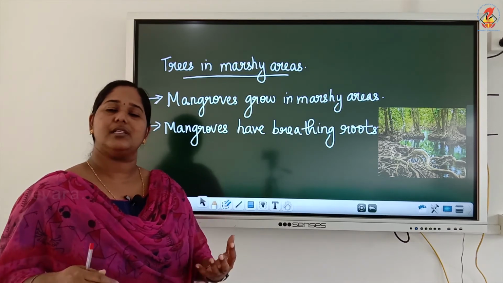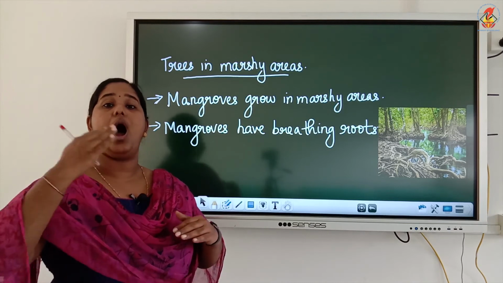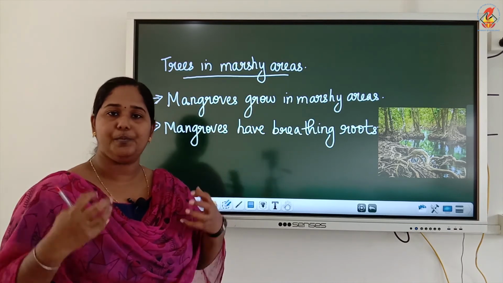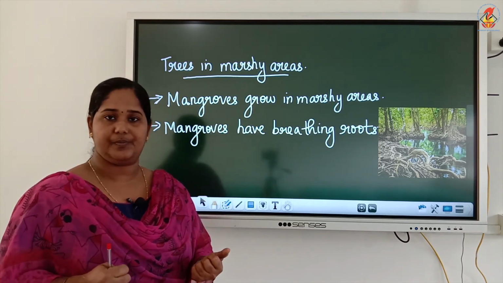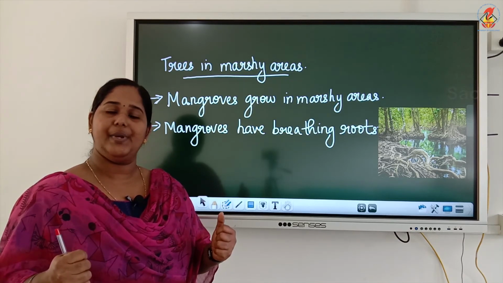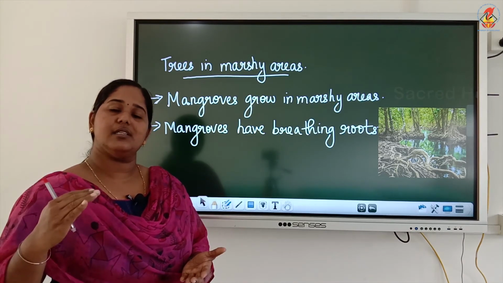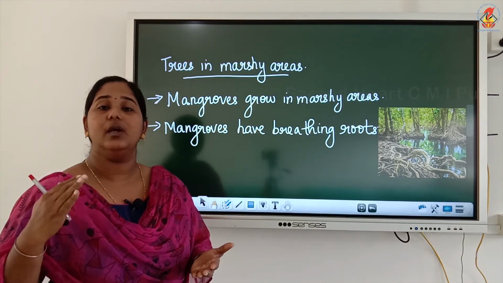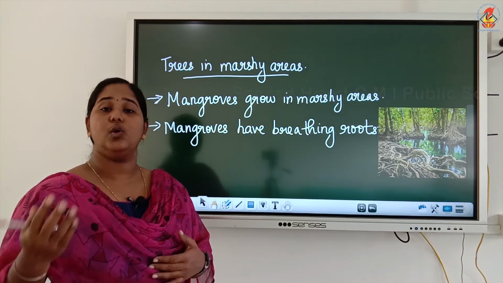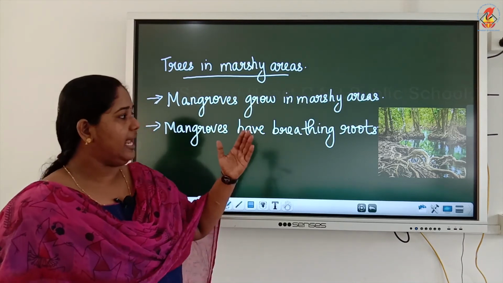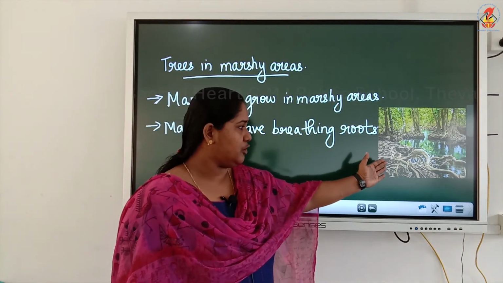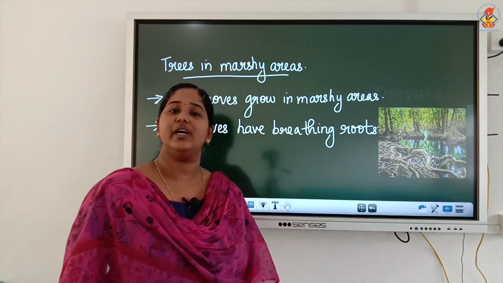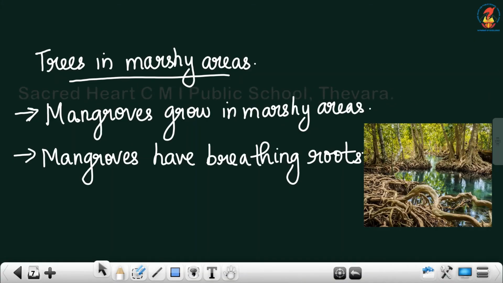So what happens? The roots of mangroves grow out of the soil in order to breathe, in order to take oxygen. These roots, as they grow outside, are called breathing roots, because they are growing outside in order to breathe. And that is very clearly seen in this picture. You can see the roots out of the waterlogged soil. Waterlogged means water always settles down in that soil.